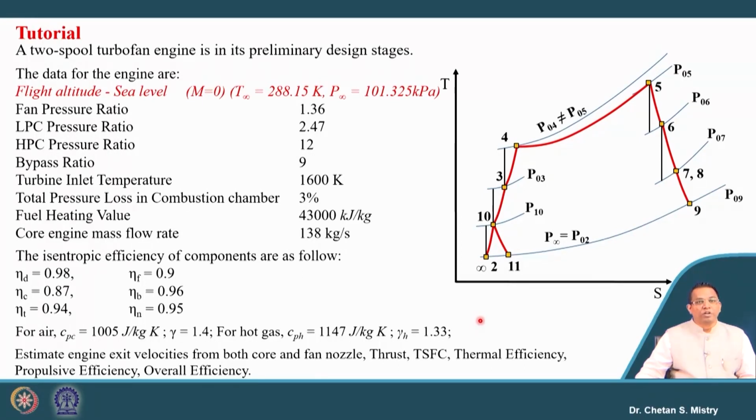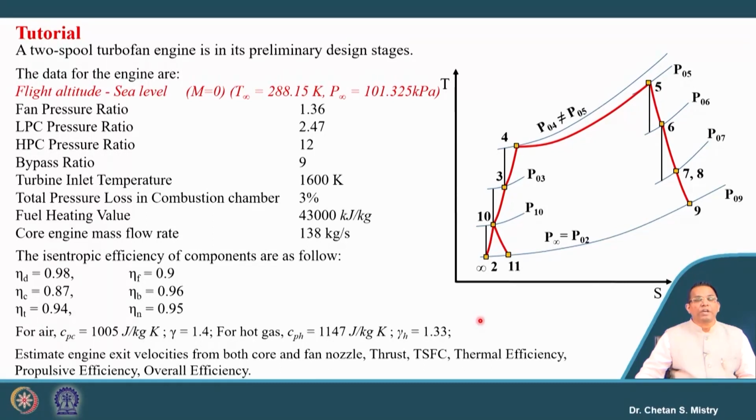Total pressure loss in the combustion chamber is 3%, the heating value of the fuel is 43,000 kilojoule per kg, and core engine mass flow rate is 138 kg per second.